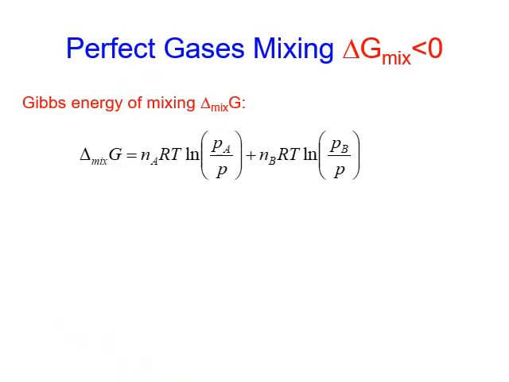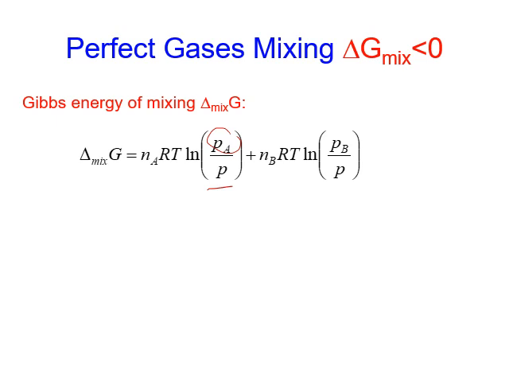In the last slide, we showed that when we mix two gases A and B, the Gibbs energy of mixing for A equals NA RT ln PA divided by P. PA is the partial pressure of A in the mixture after mixing, and P is the pressure before mixing.